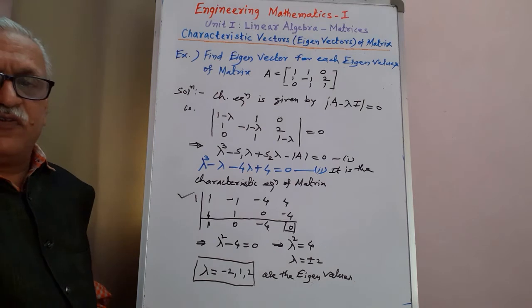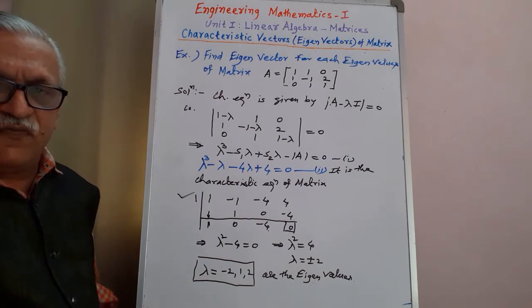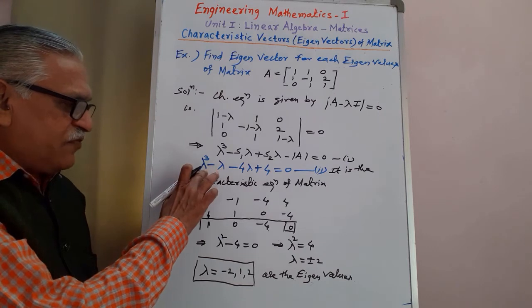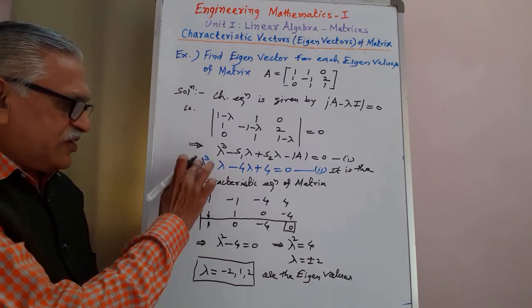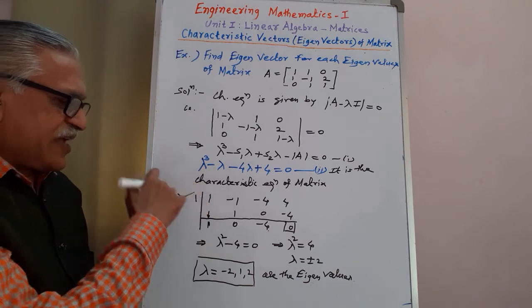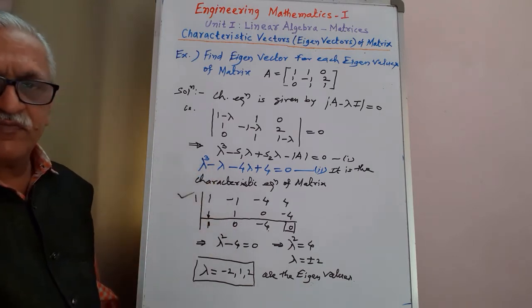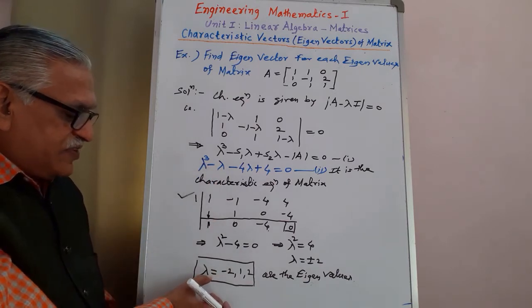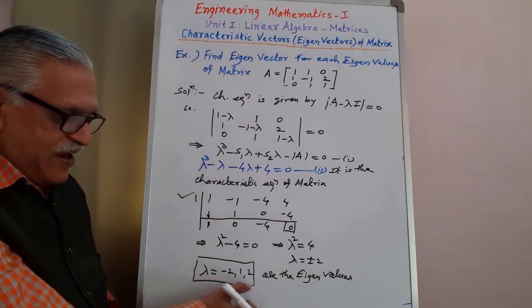Okay. Therefore, here I have completed the first part, in which I have obtained the characteristic equation of that matrix, and by solving that characteristic equation I have determined the eigenvalues.